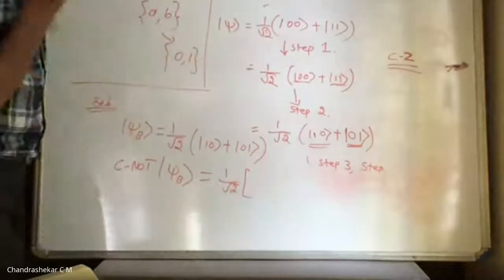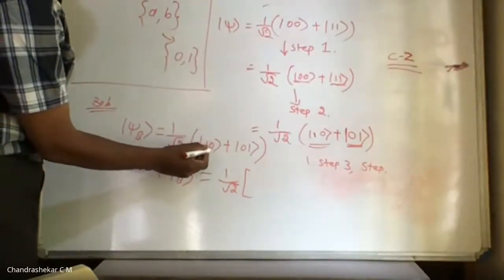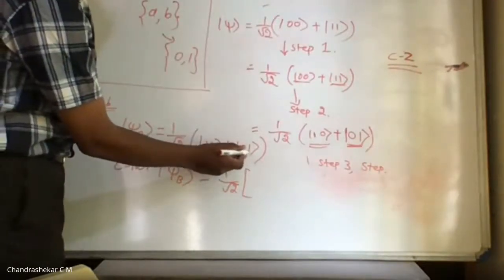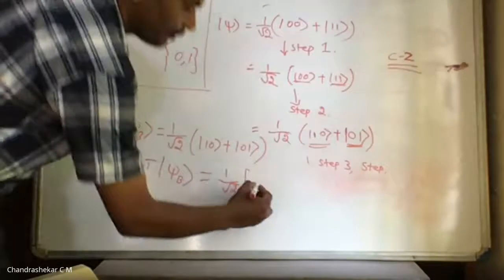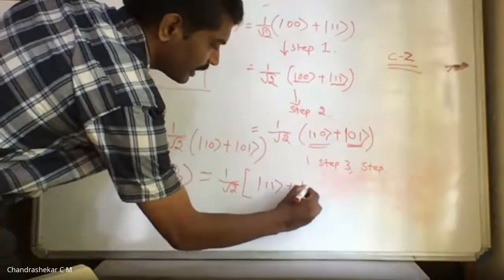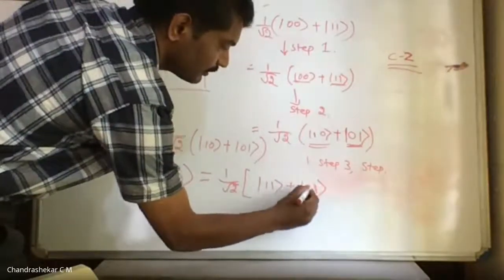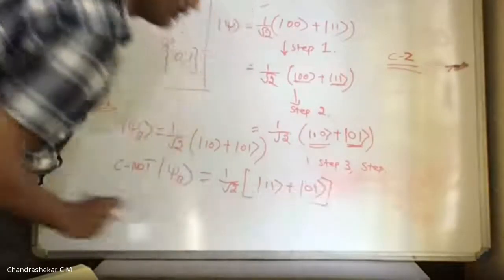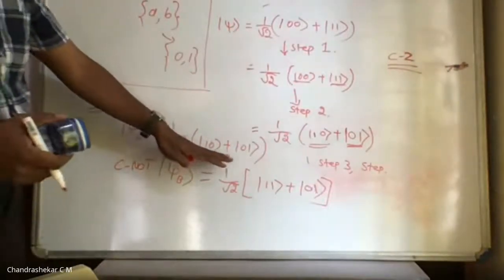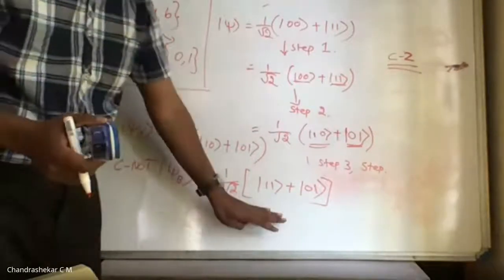What does control NOT do? If my first qubit is 1, the second qubit gets flipped. If my first qubit is 0, nothing happens to the second qubit. So here this becomes 1 1, but nothing happens to the second part of the expression. So Bob has done the control NOT operation on this state.